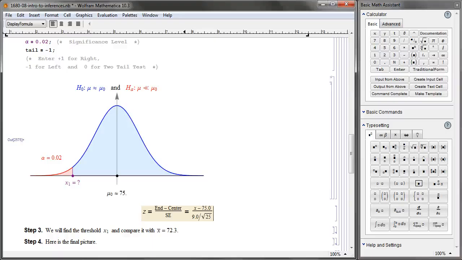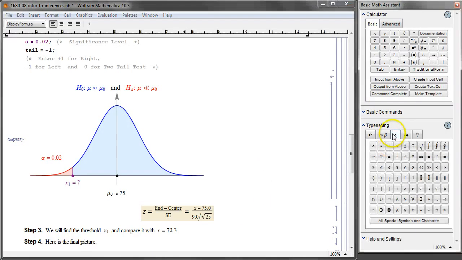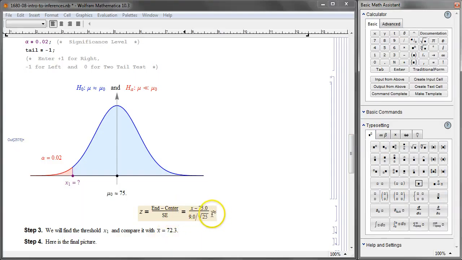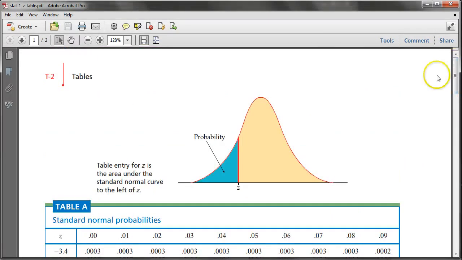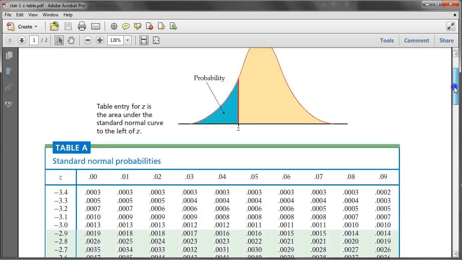And that value has to be approximately the same as the z-score associated with 0.02. So how do you find the z-score associated with 0.02? Well, here's a normal table, and we want to find the z-score associated with this blue area equal to 0.02, approximately speaking.